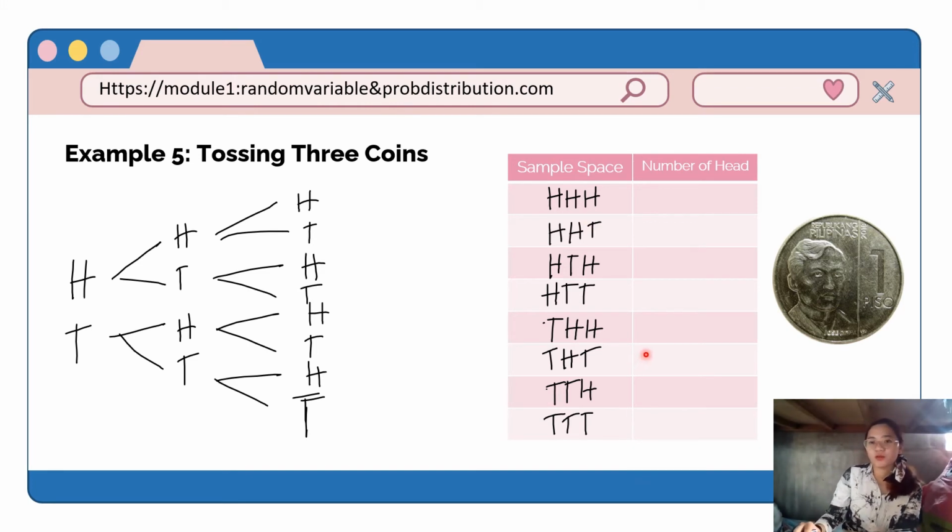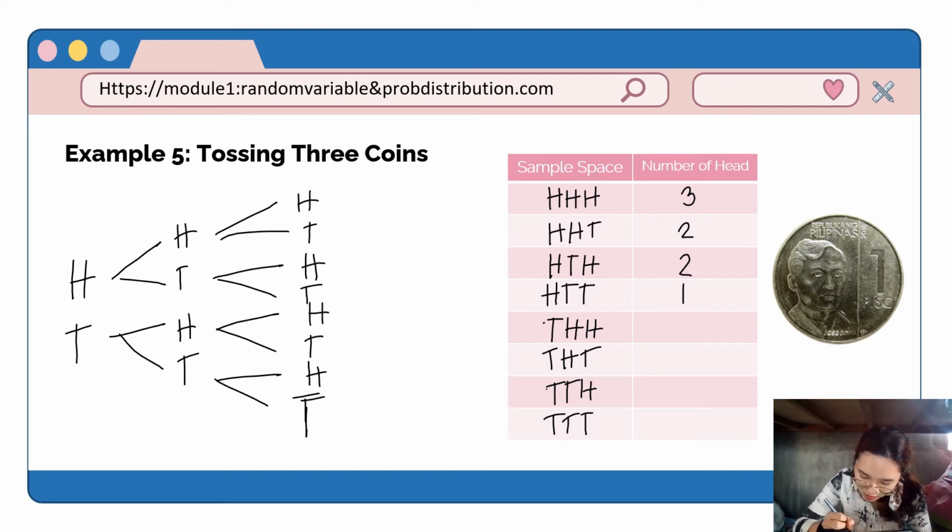Ngayon, we want to find out the values of our random variable, which is the number of heads. Okay? So, sa unang outcome natin, H, H, H. So, ilan po ang ating head dyan? So, meron tayong tatlo. Tama? Tatlong head. Yan. Dito naman sa head, head, tail, meron tayong dalawa. So, head, tail, head, may dalawa din.